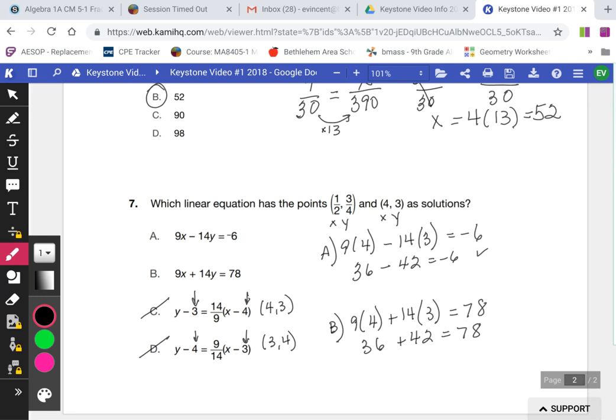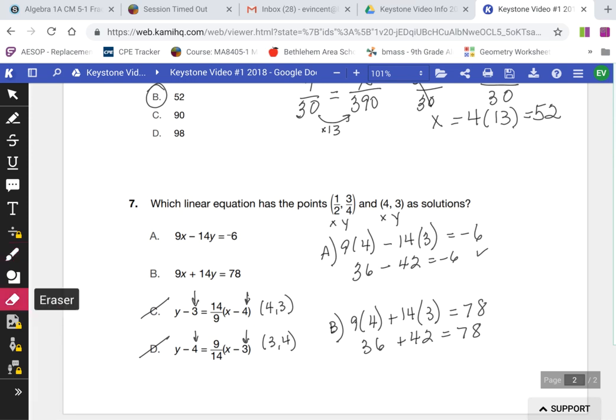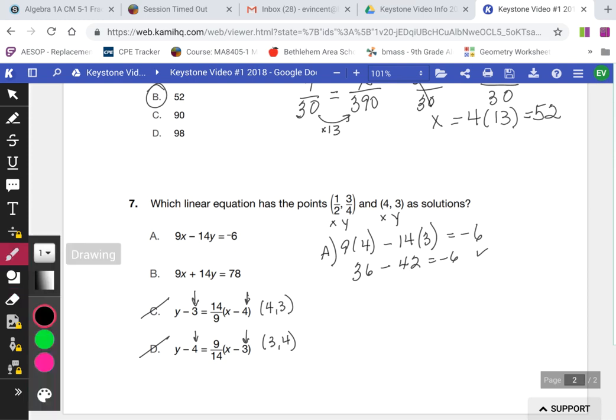So let's look at the fraction for A. Again, we're going to substitute in for x and y. So we get 9 times 1/2 minus 14 times 3/4 equals -6.